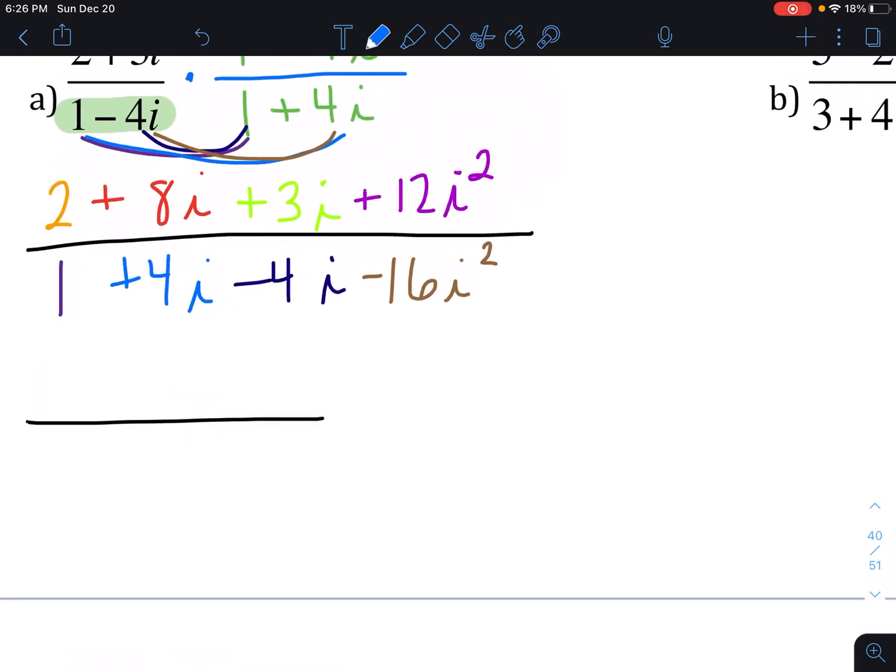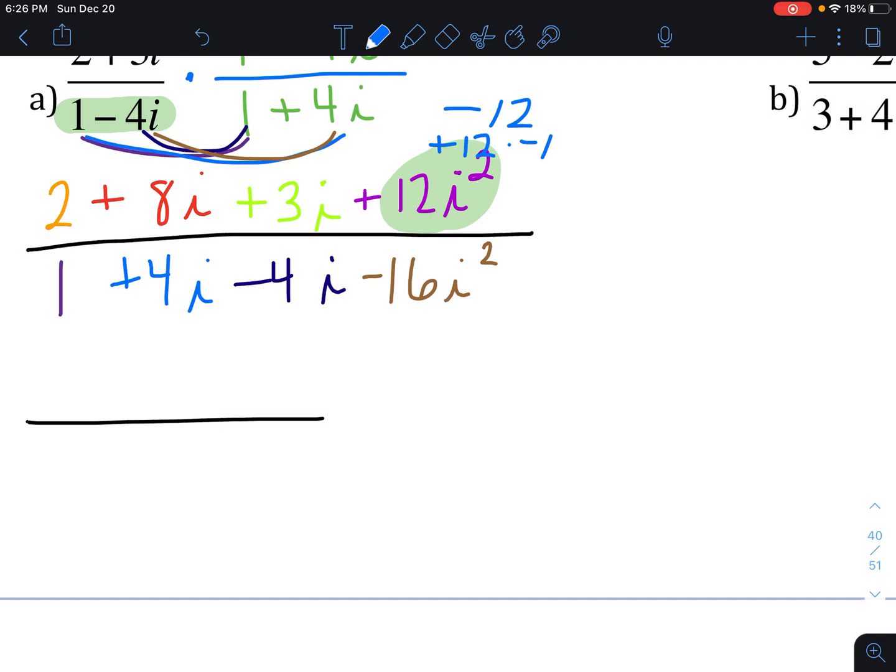We learned the other day that i squared is equal to negative 1. So that means that this is plus 12 times negative 1, which will be minus 12. Okay, so plus 12i squared turned into minus 12.